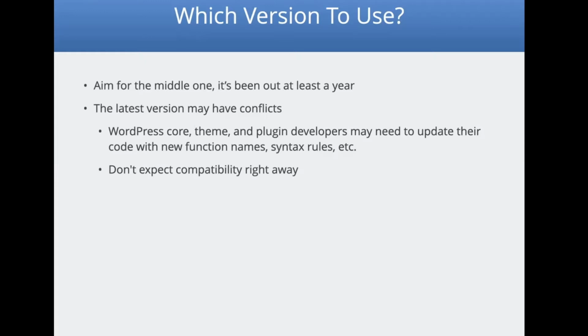Things that the developers need to do is update their code with function names and syntax rules and stuff like that. Also, the more complicated plugins obviously take more time because there might be more things they need to fix. So don't expect compatibility right away with the newest version.